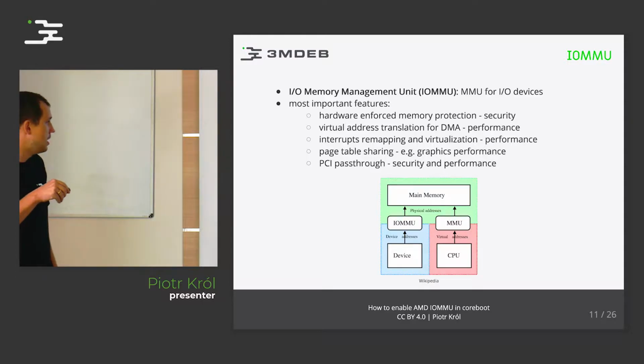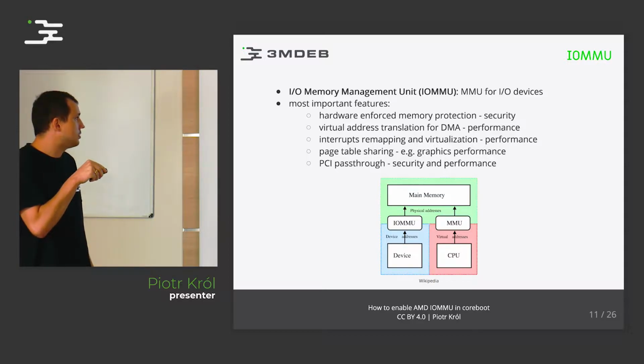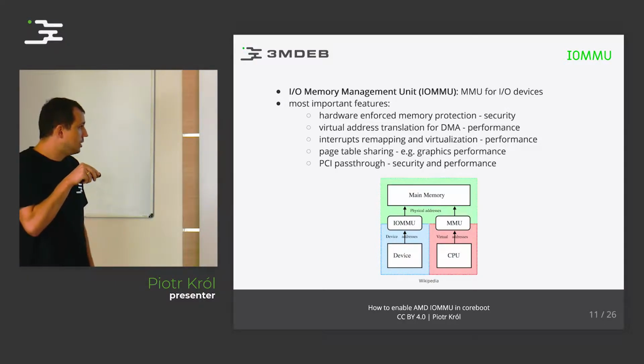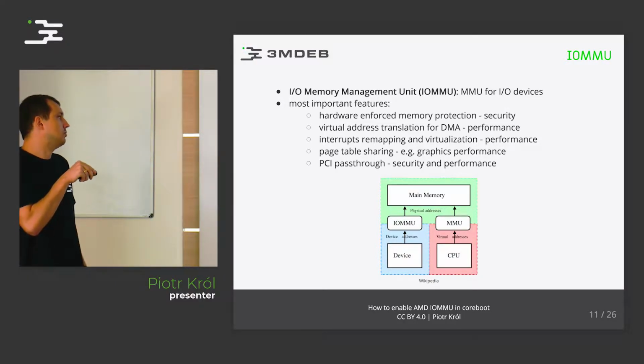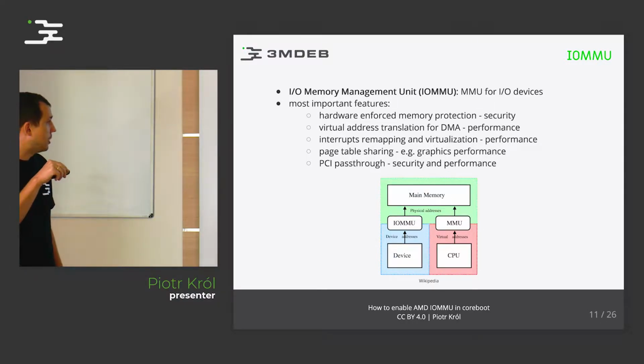The CPU has virtual addresses that it wants to convert into physical addresses to access main memory, and the MMU helps with that and with protection. The IOMMU does the same but for devices. Of course, we can have many devices, and we may have many IOMMUs, but typically, like in PC engines, we have one.